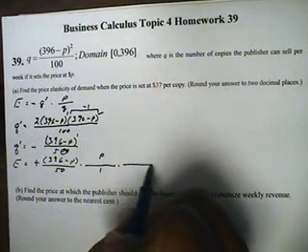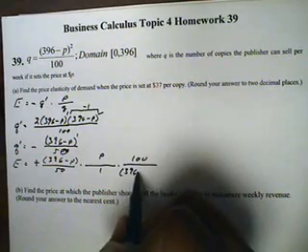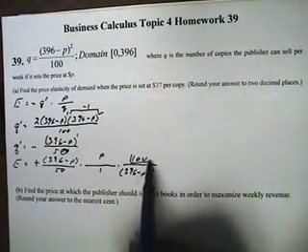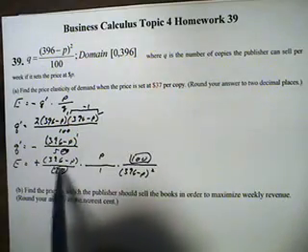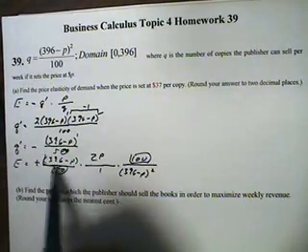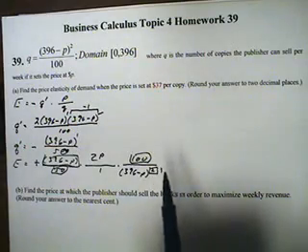So we'll have times 100 all over 396 minus P all squared. And we get some simplification. The 100 and the 50 become 2. And this cancels and this becomes 1.